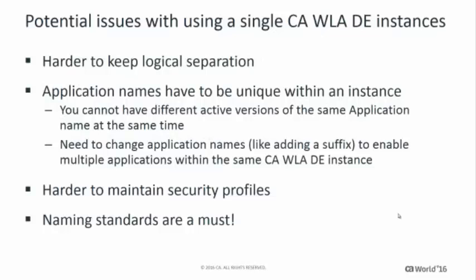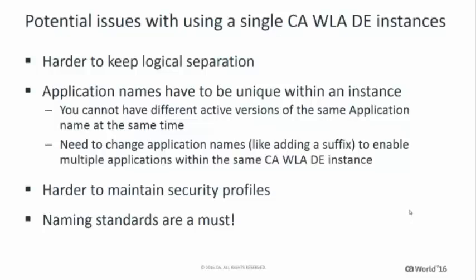What are the potential issues with using a single CA Workload Automation DE instance? Harder to keep logical separation when you have a single database there. Application names have to be unique within a DE instance. You cannot have different active versions of the same application name at the same time.